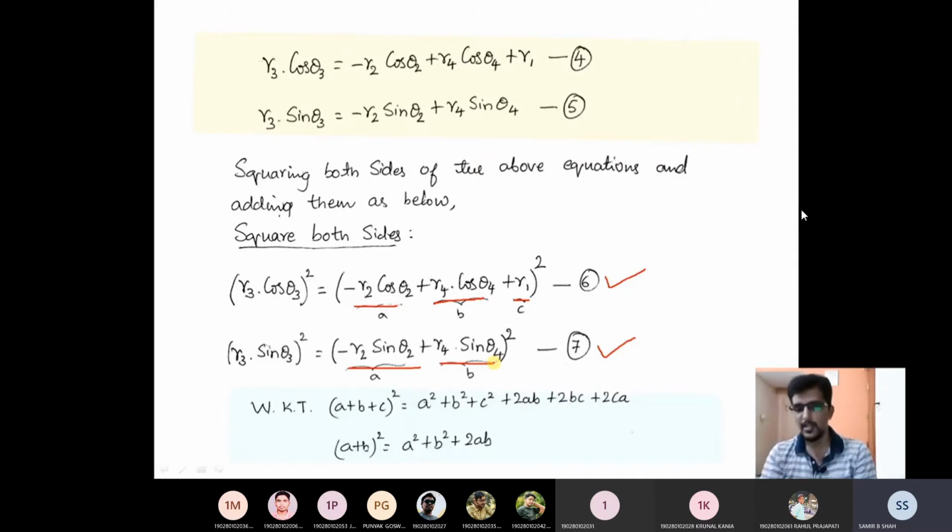I know the formula: A plus B plus C whole square is nothing but A square plus B square plus C square plus 2AB plus 2BC plus 2CA. A plus B whole square is a well-known formula. So I have to expand equation 6 and equation 7 according to the formulas that have been given here.